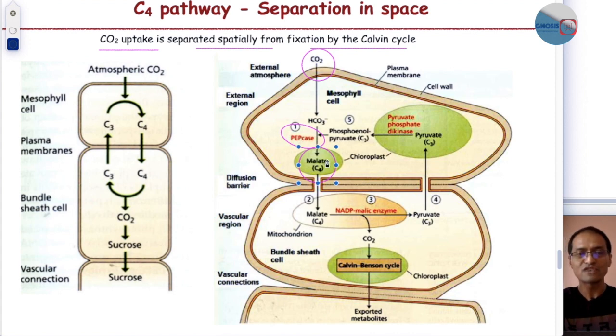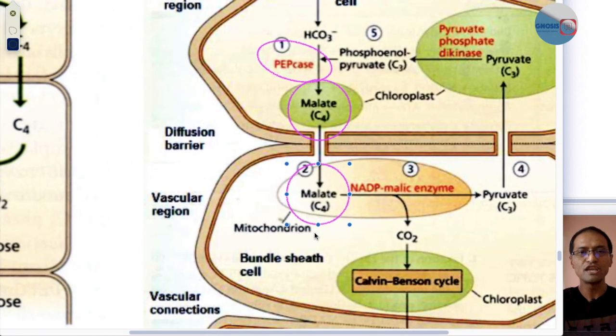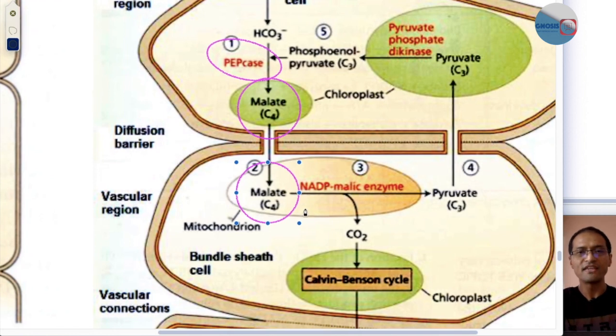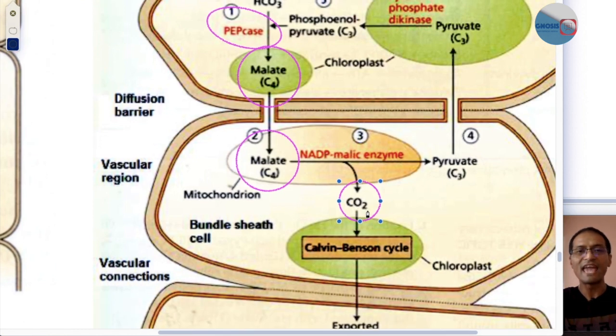Now, when it is transported into the bundle sheath cells, this malate, which is a C4 compound, is decarboxylated, which means the carbon dioxide is removed from malate, and this carbon dioxide then enters into the Calvin cycle in the chloroplast of the bundle sheath cells.